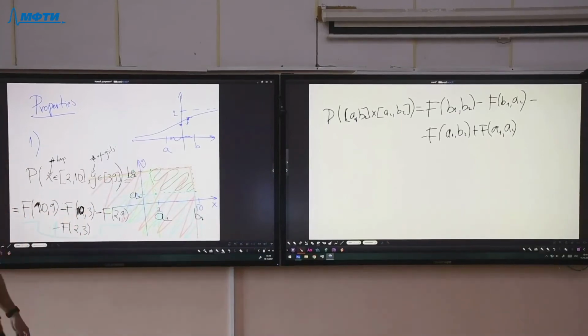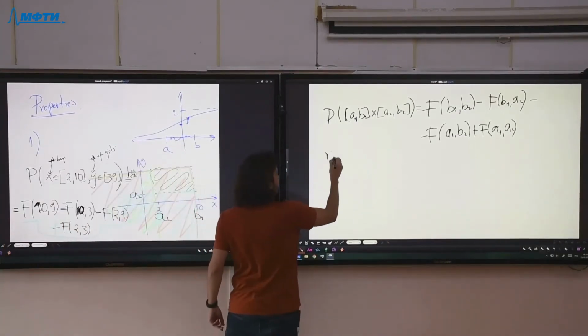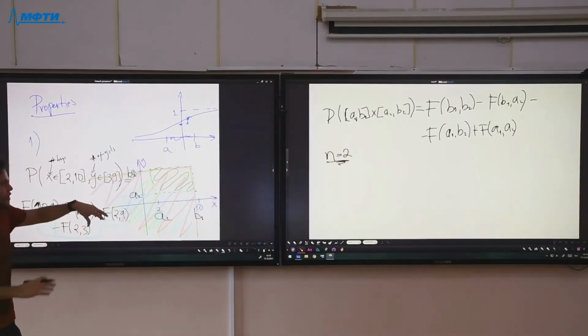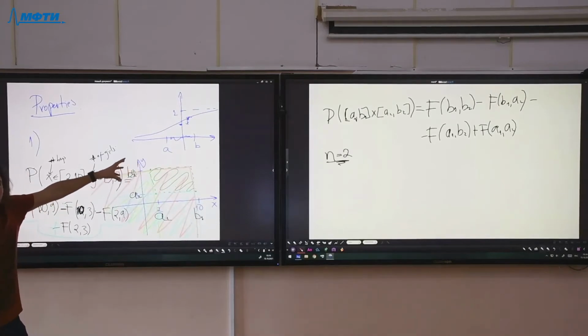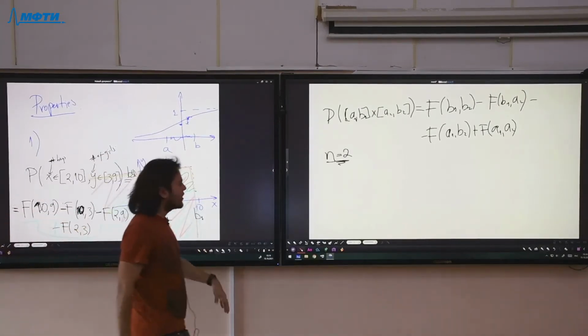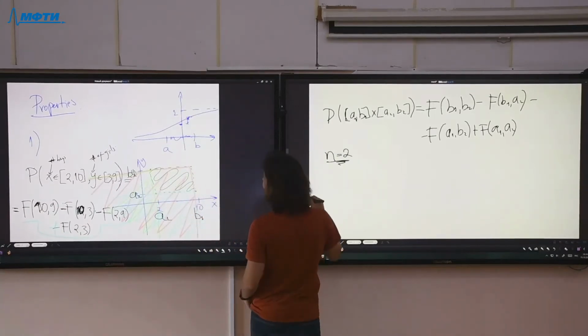And we can extend this. So this is just when we have n equals 2, right? The plane is like this, but if we're talking about n, then we say the following, and with this I will finish.